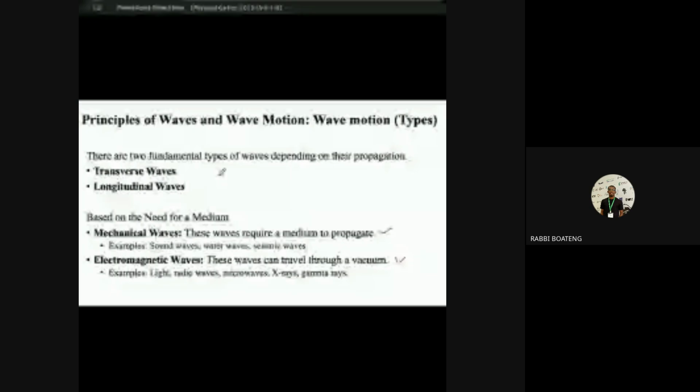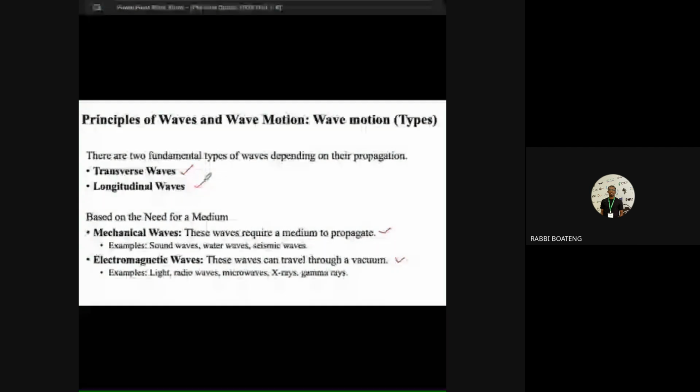Based on the level of propagation, we are going to define it as transverse or longitudinal. Is that okay? So we have longitudinal waves and transverse waves. If you are interested in the medium, we will have what we call the mechanical waves and the electromagnetic waves. And I'm sure we all know this already, but we are just adding it up again.